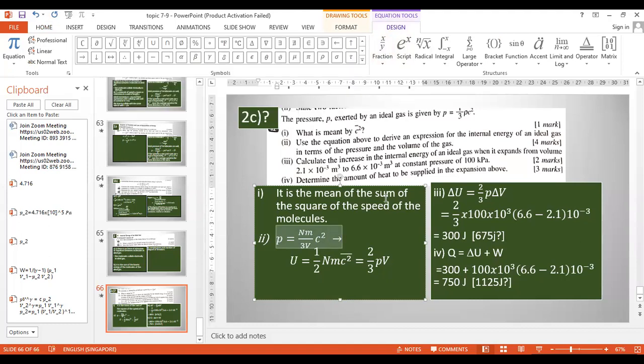From this equation, I can rewrite as 3PV equals N m c square.